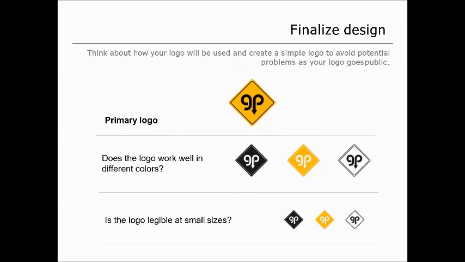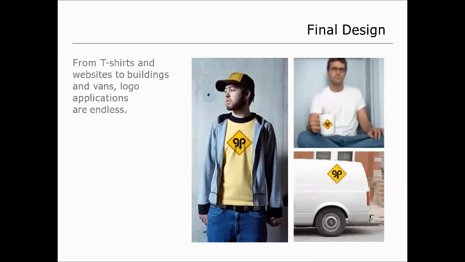The icons can be twisted when it reduces in size, or it can be distorted when it is maximized in size. From t-shirts and websites to buildings, the applications are endless. So you must test your logo in every aspect of sizes.